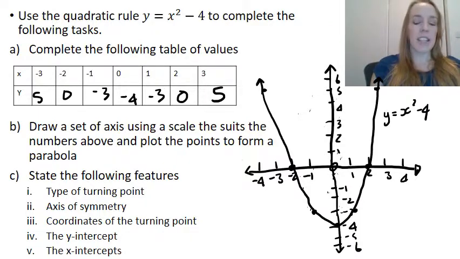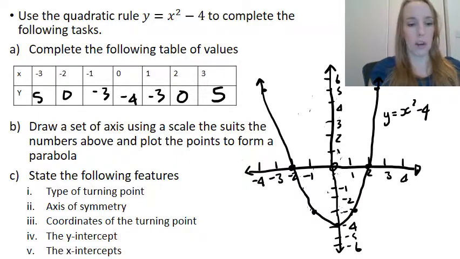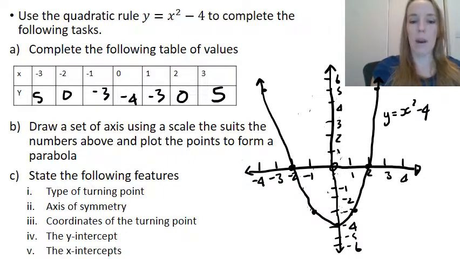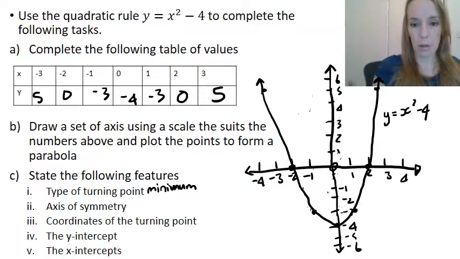And now we're going to state the following features according to C. So the type of turning point. Well, we know because of the shape that is a minimum. The axis of symmetry. So where does it cut? Like what's right in the middle there? So that's where x is 0.